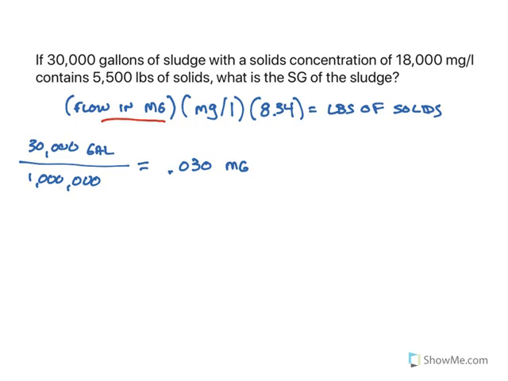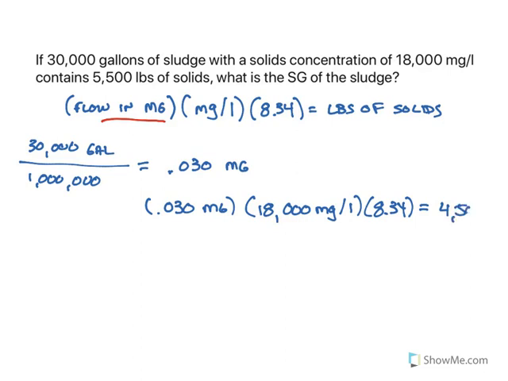So let me work that out. 0.030 million gallons times 18,000 milligrams per liter times 8.34 equals 4,504 pounds of sludge.